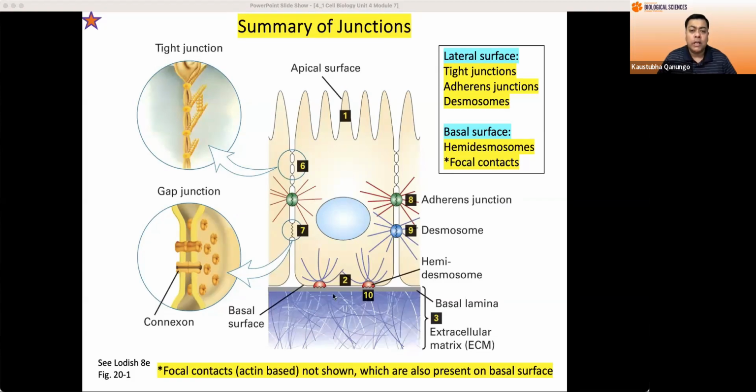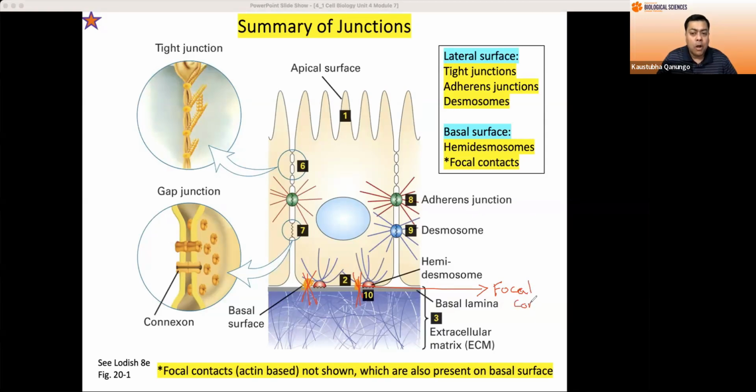And what is not shown in here, we can just draw some structures right here, like an orange right here. We can just make some structures like orange right here. And then we can use these red lines right here, and these will be the focal contacts. Now, you may ask why the focal contacts have not been shown in this.